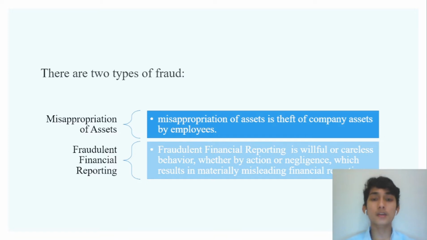Fraudulent financial reporting is willful or careless behavior, whether by action or omission, which results in materially misleading financial reporting. It is like management falsifying financial statements to deceive investors and creditors, increase the company's stock price, meet cash flow needs, or hide losses and company problems.